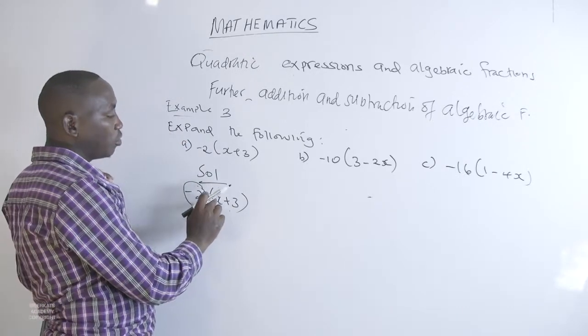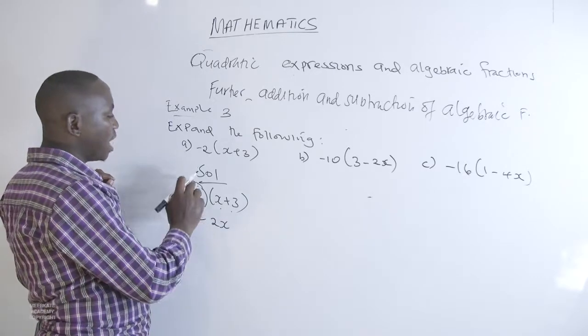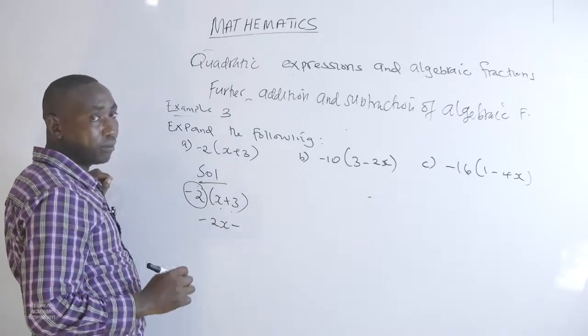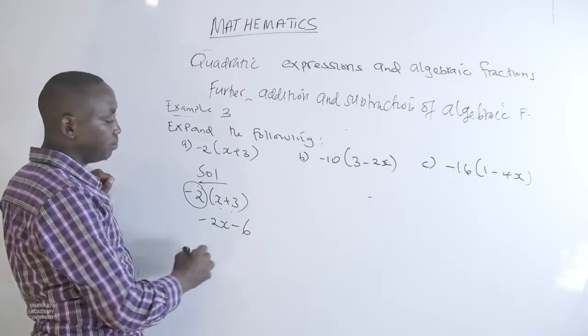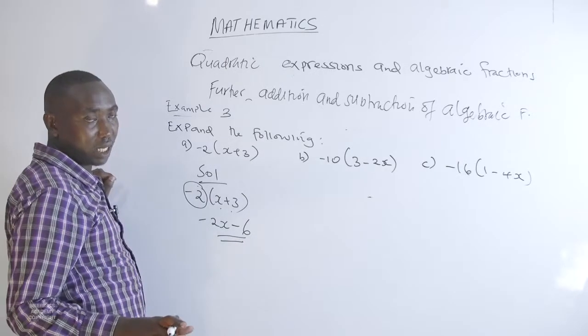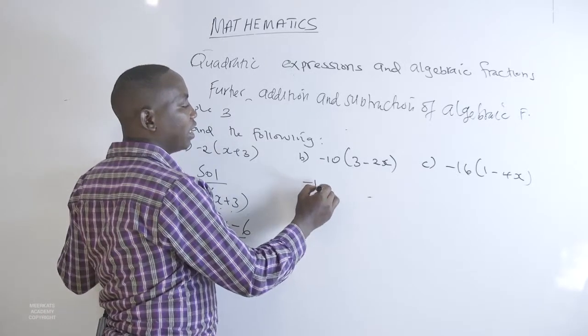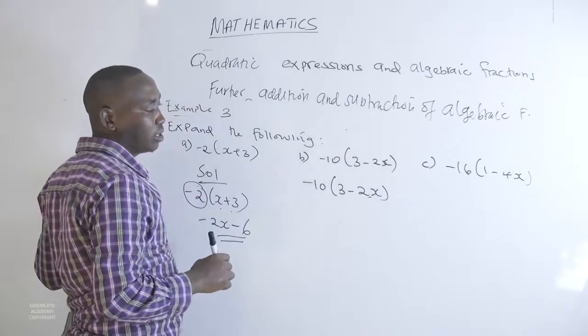So this will be negative 2 multiplied by x, which will give us negative 2x. Negative 2 multiplied by positive 3 will give us a negative number, and that is negative 6. It's just as simple as that. It ends there.